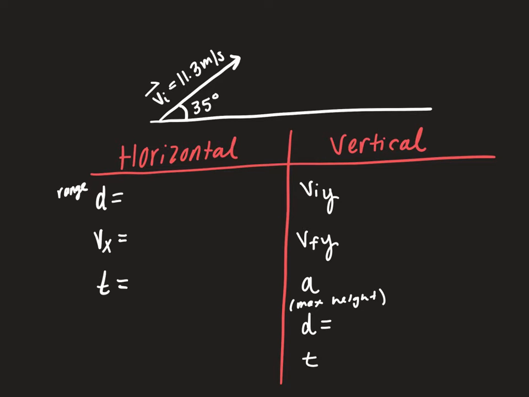And then we also have time of flight. All right, so these are our variables that we'll have for our horizontal and vertical projectile motion problems.